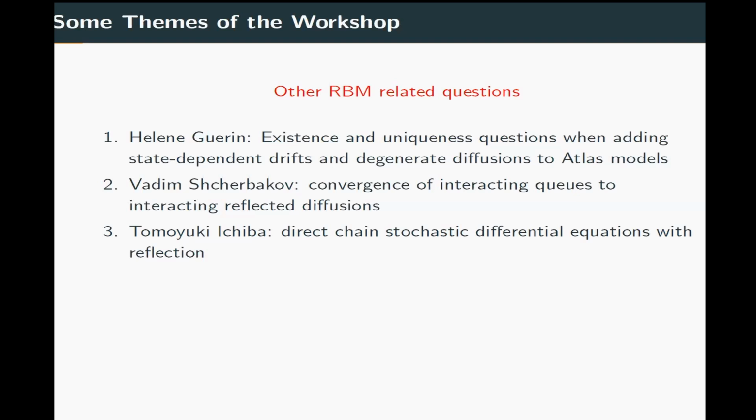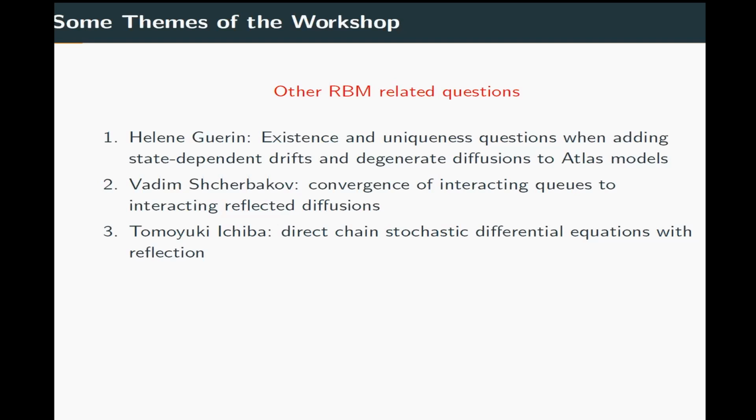One was not directional. I think Vadim Shcherbakov was talking about convergence of heavy traffic limits of interacting queues, where queues are on a graph, and the way the queues evolve or are served depends on the states of their neighbors as well as themselves. This is a classic interacting particle system on a graph, with convergence in heavy traffic to these interacting diffusions.